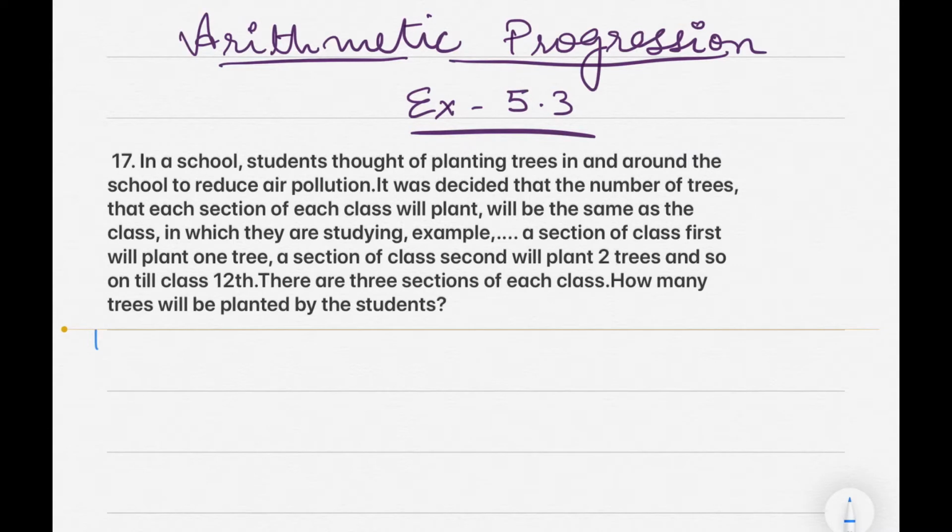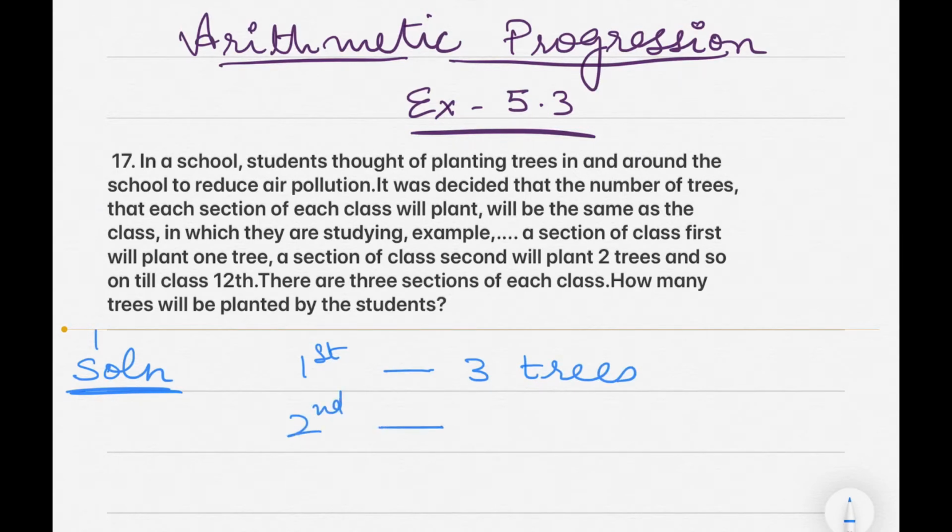Okay, so there are three sections, right? So first class is going to plant three trees, because three sections are there. Then second class, each section will plant two trees, so 3 2s are 6 trees.